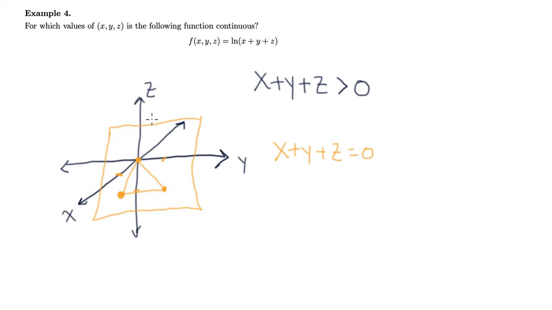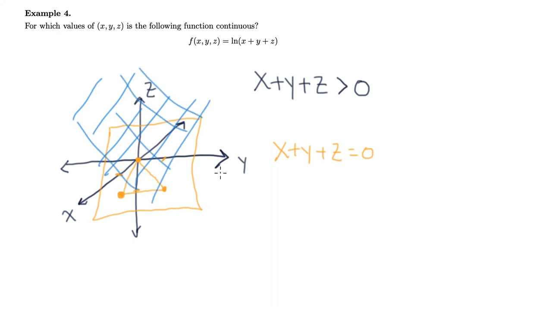So we're looking at points above this plane. I know the picture kind of gets destroyed here, but there's our plane. All points above this plane is what we're considering. That's going to be the points for which this function is defined and hence continuous. And notice that we are not including points in the plane because x plus y plus z has to be strictly greater than 0.